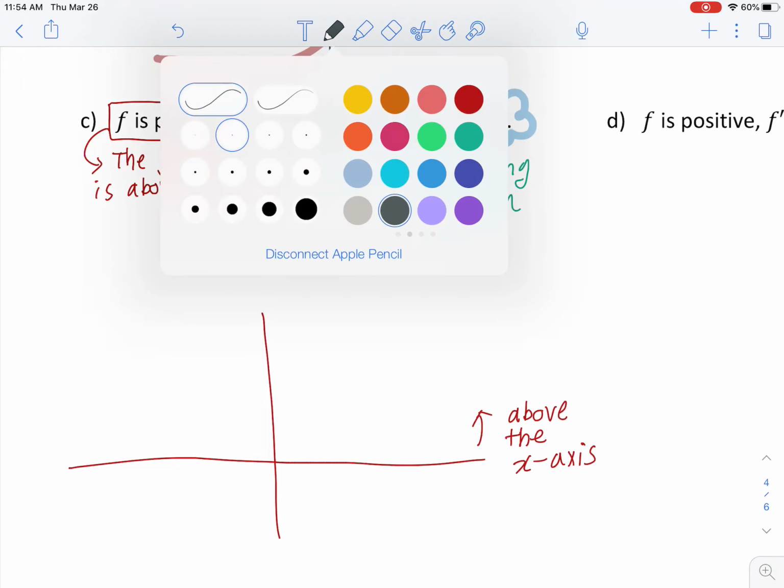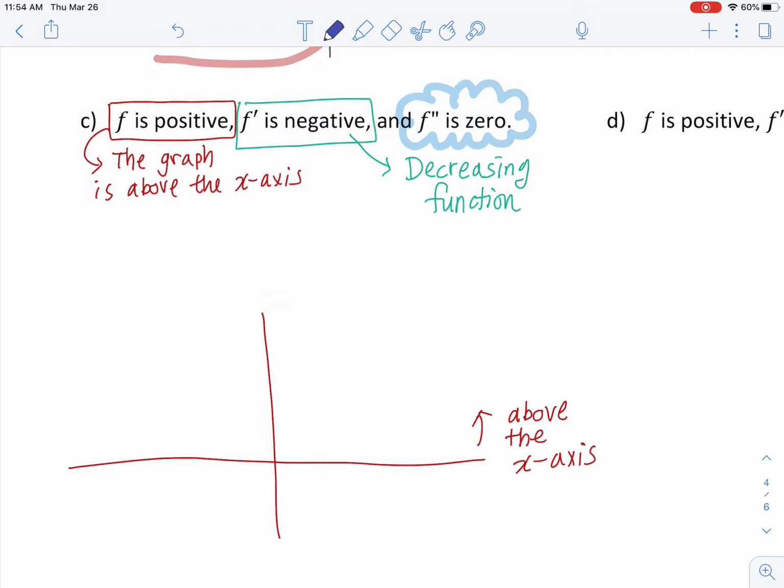Let me try to connect this to some fake f double prime. So imagine a graph that has a second derivative that's equal to 0. Remember, whenever we take a derivative, don't we go down in the degree, right?